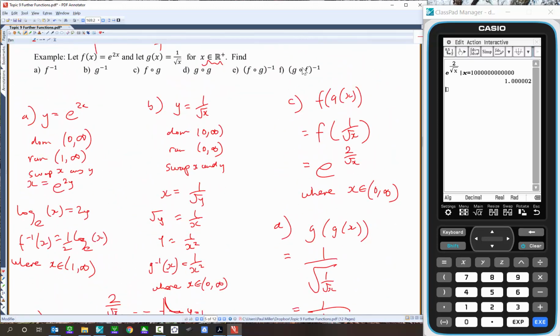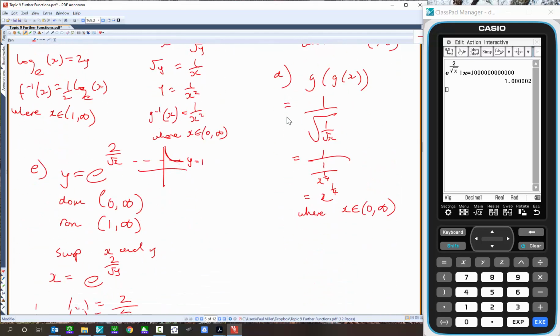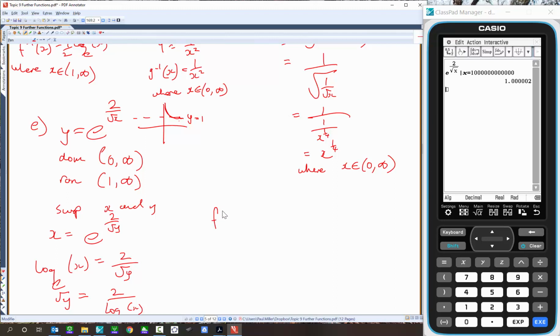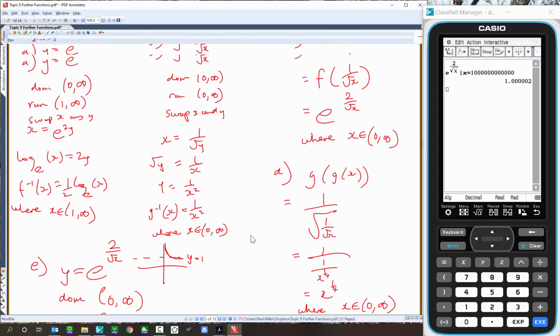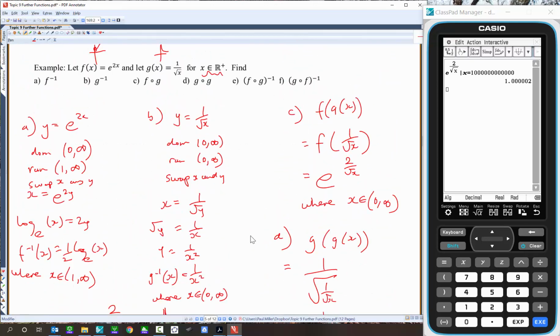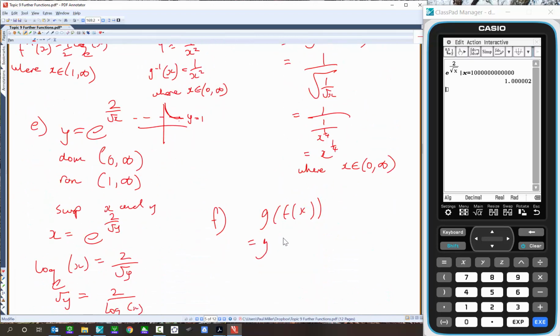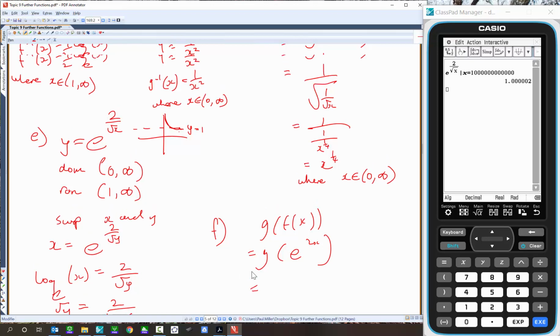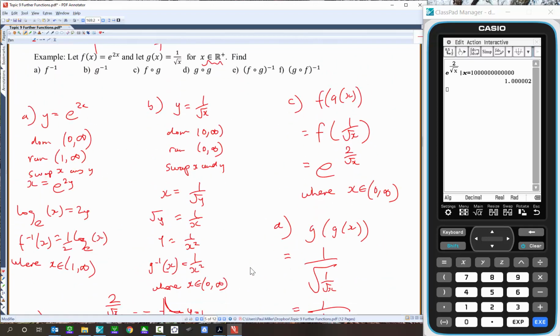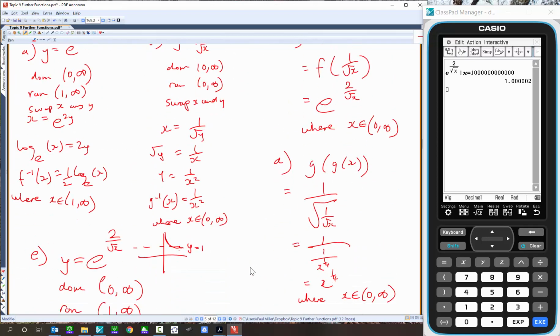Okay, so we want to compose, so we want to do g of f of x first of all. So that's f. We're going to do g of f of x, which is, what's g? What's f of x? E to the 2x. G of e to the 2x, which is, sorry about all the scrolling, g was 1 over root x.